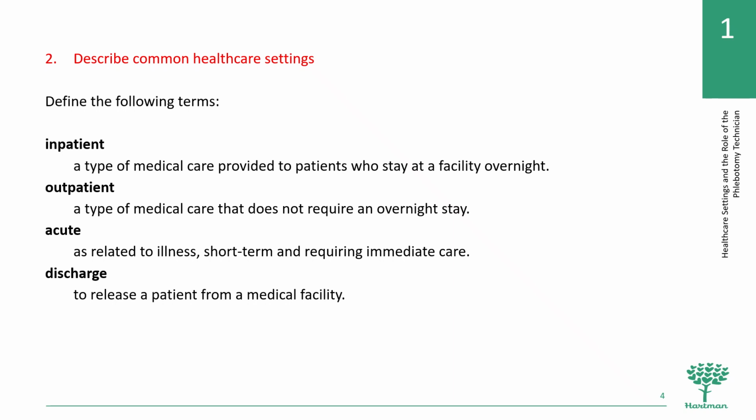Urgent care centers, public health clinics, doctors' offices, and freestanding emergency departments, in other words, those not physically connected to hospitals, are all examples of outpatient healthcare facilities. Outpatient care, which is sometimes referred to as ambulatory care, does not require the patient to stay overnight. Outpatient care has become more common for surgery and other procedures that once required a hospital stay.